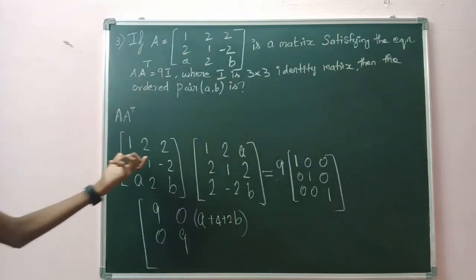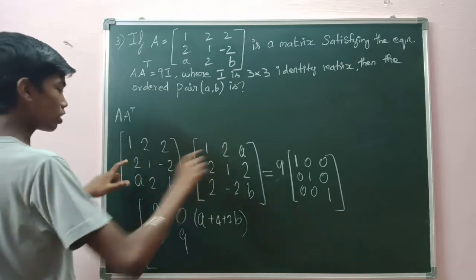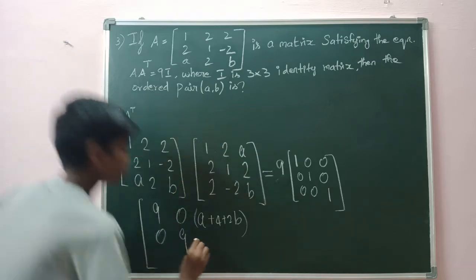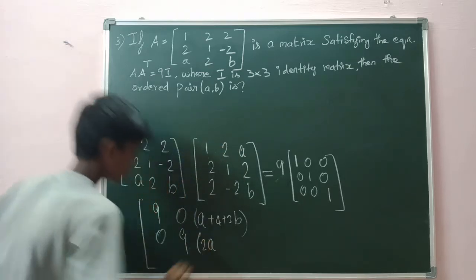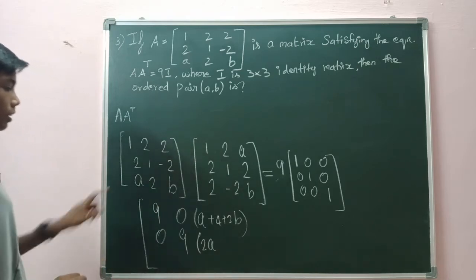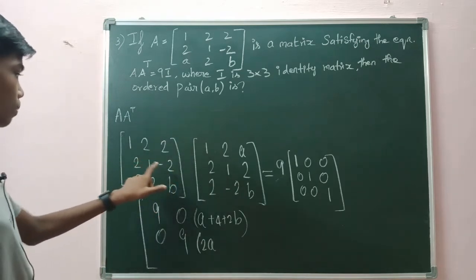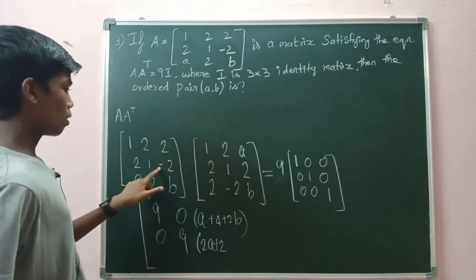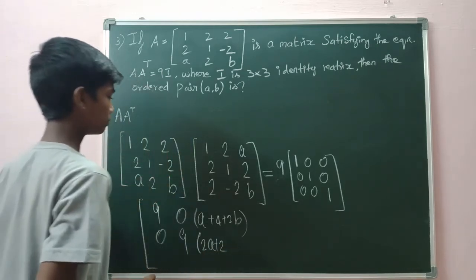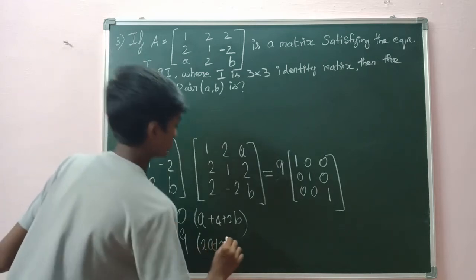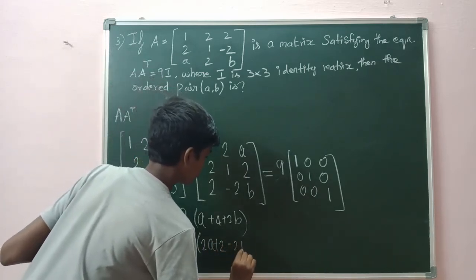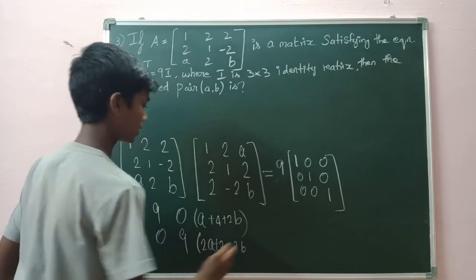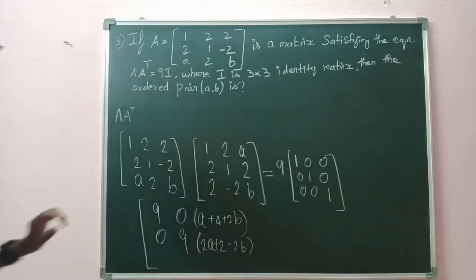Then second row into third column: 2 into A is 2A, so I will write 2A. Then 1 into 2 is 2, plus 2, and minus 2 into B will be minus 2B. Correct? Yeah, correct.